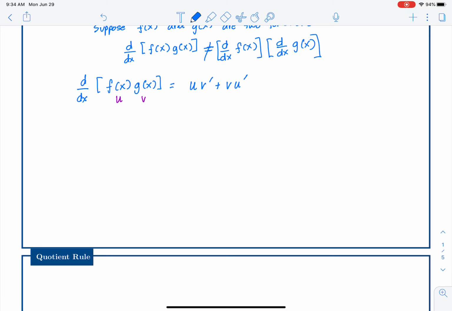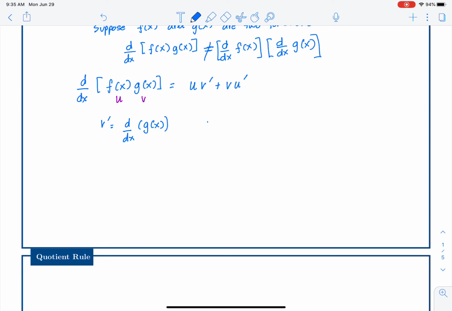As always, the derivative of v is d over dx of g of x, the derivative of the dependent variable with respect to the independent variable, and u prime is the derivative of the dependent variable, which is f of x in this case, with respect to the independent variable.